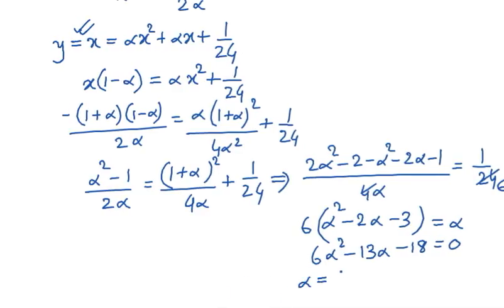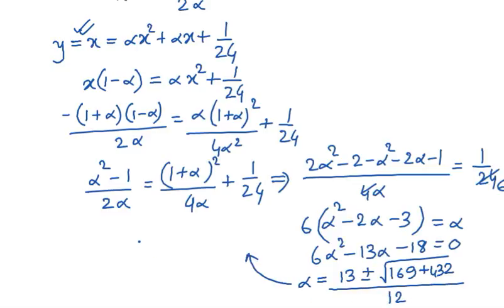So that will be alpha equal to, using the Sridharacharya formula, so from here we are getting other values of alpha to be 13 plus minus root over 601, divided by 12.